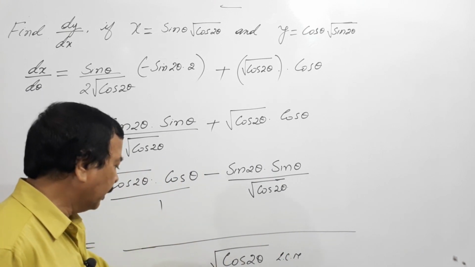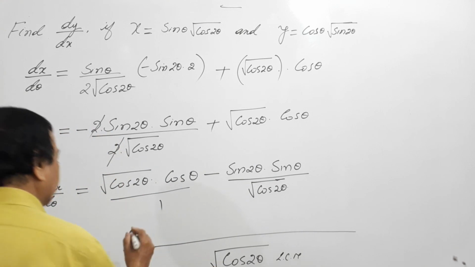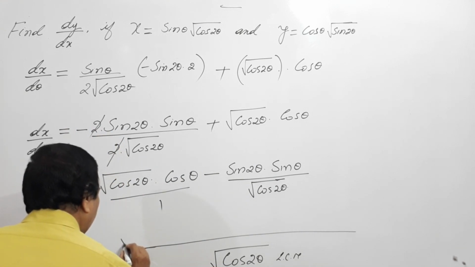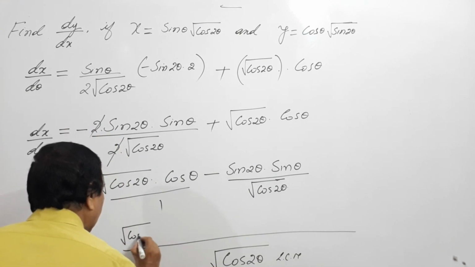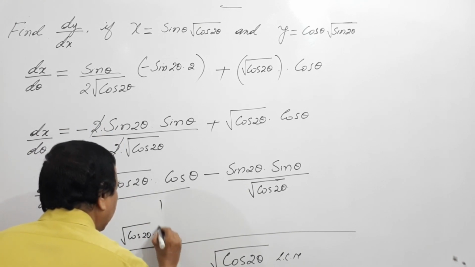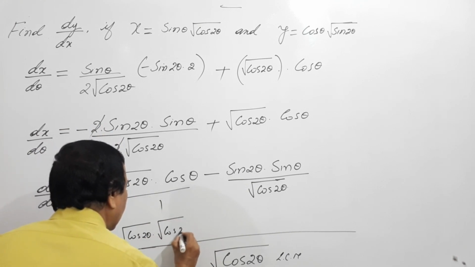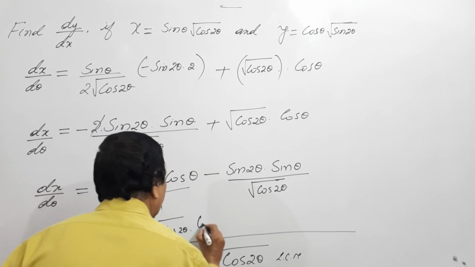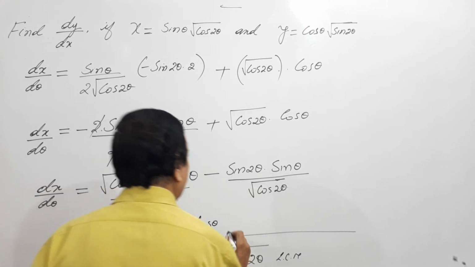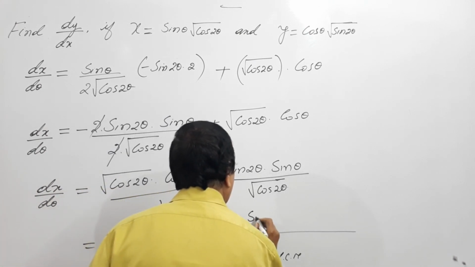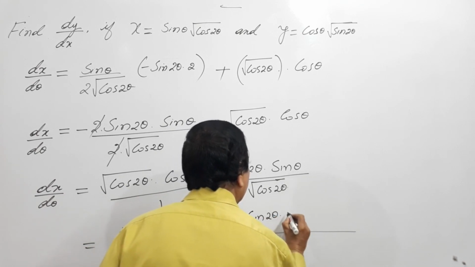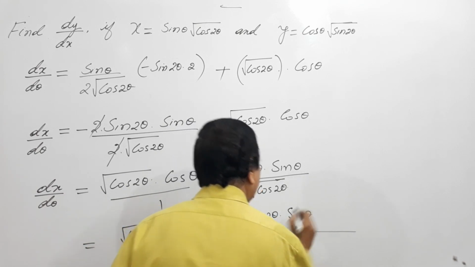Multiply this with this, what happens here? This becomes root cos 2 theta into root cos 2 theta, that is cos theta minus sin 2 theta into sin theta.